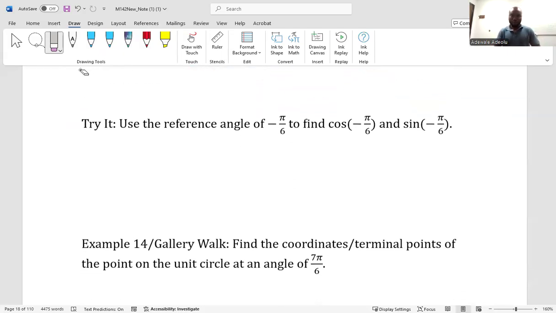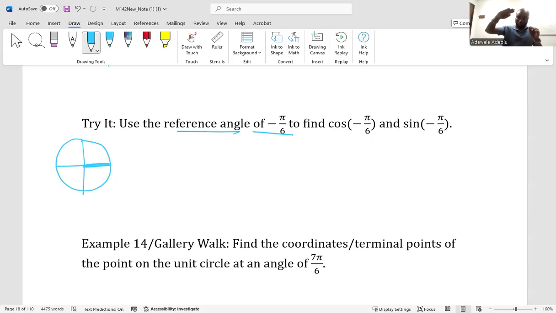Okay. What about this? Use the reference angle again of negative pi over 6. Let me push you a bit on this. Negative pi over 6. Remember, if our initial side starts here, negative pi over 6 means we are going to move in a clockwise direction.